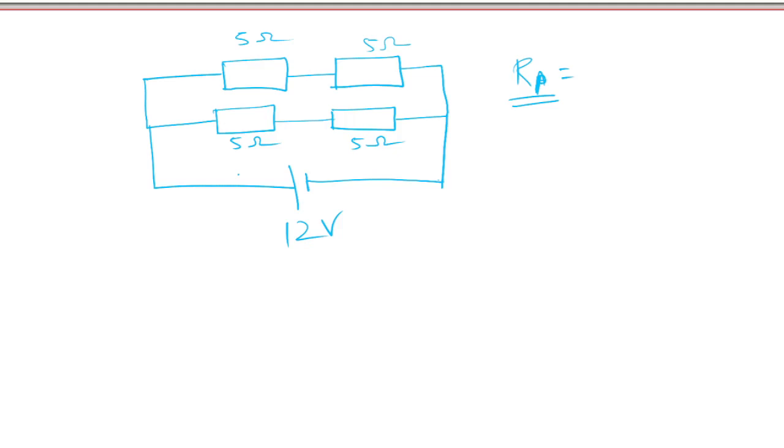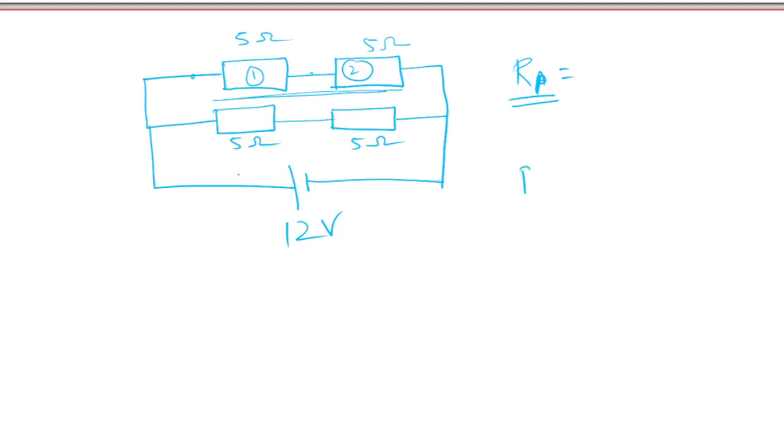Got confused? Okay, don't get confused. First of all, these two resistors, 1 and 2, if you see, their ends are connected one after the other, so they are in series. So what is their total resistance?